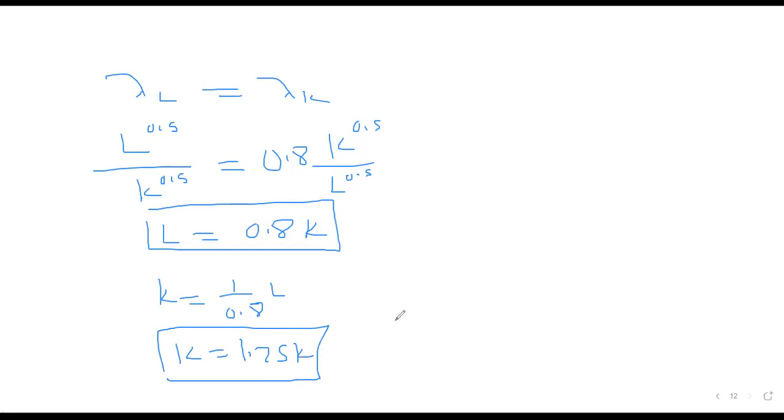Now when we substitute in the formula, is the 0.5 affecting the value of L, since we've said L is equal to 0.8K? Since you put it in the bracket where you are substituting it, now I can see the 0.5 there multiplying by 0.8 to the power 0.5, then also L to the power 0.5.